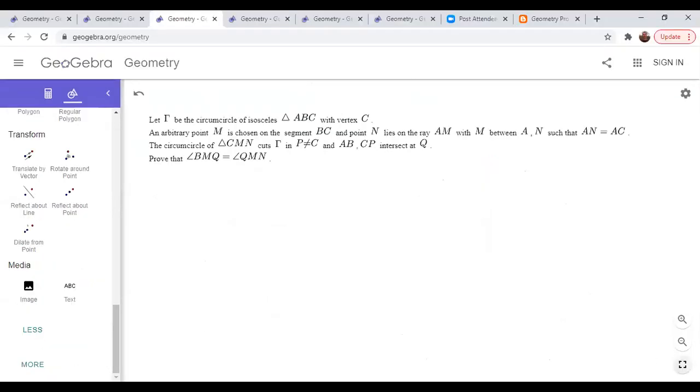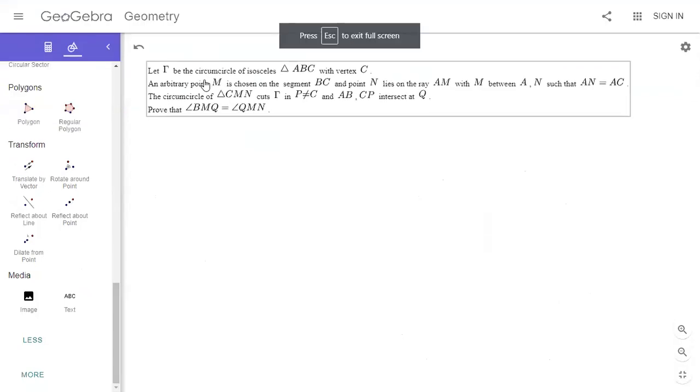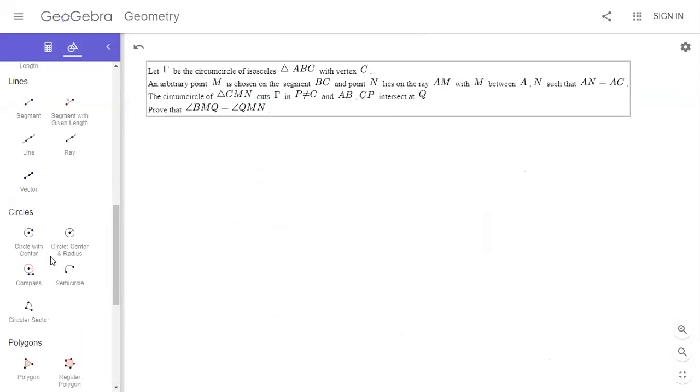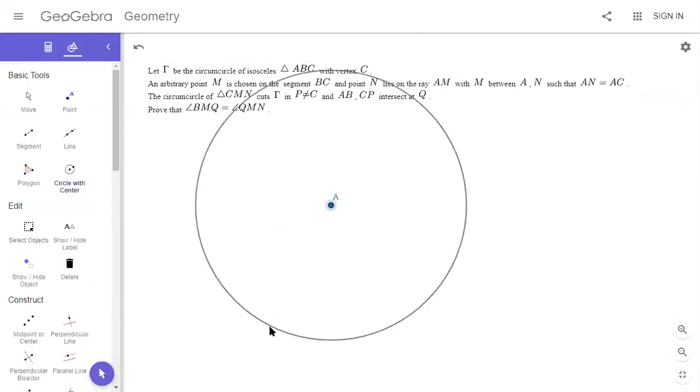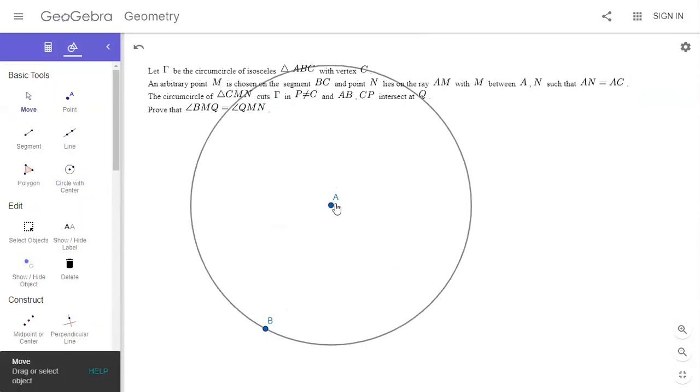Let gamma be the circumcircle of isosceles triangle ABC. We have another isosceles triangle, but this time C is the vertex.